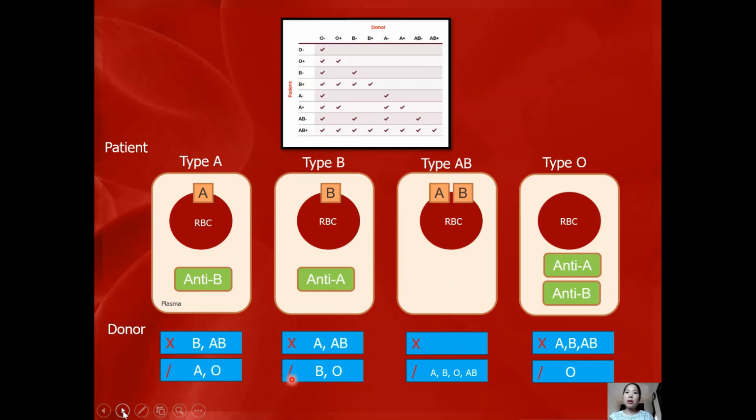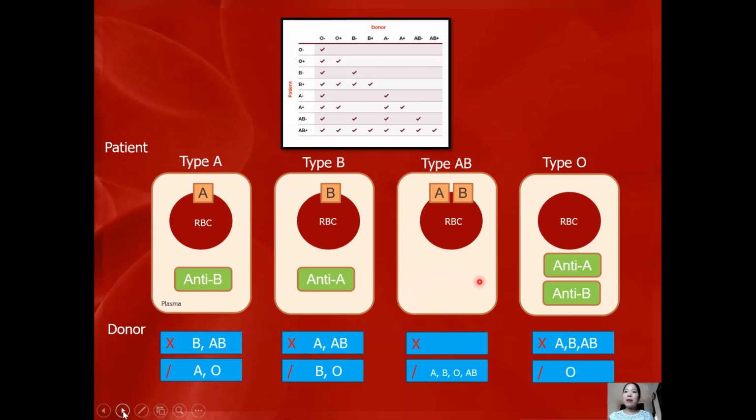So you can only give blood type B and blood type O. And again, you always have to remember the antibody that is present in the plasma of your patient. So third, you have your blood type AB. Remember, in AB, you do not have any antibodies.